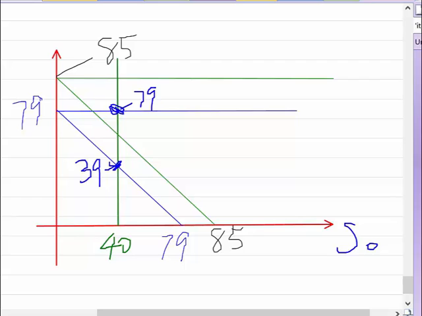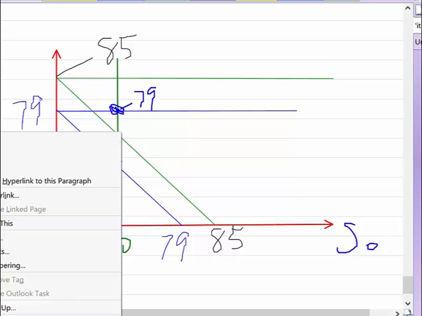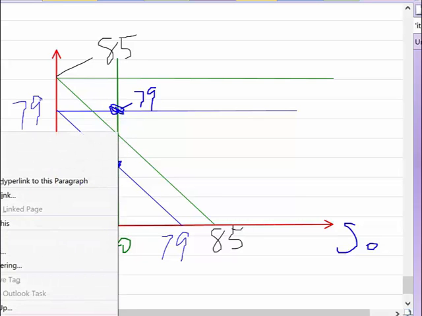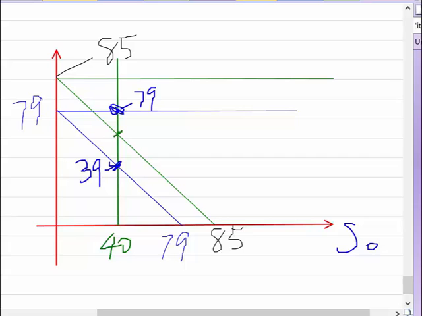Now, how about for the American put? For the American put, what we have is an upper bound, obviously $85. The lower bound will be $85 minus 40, which is 45 at this point. 45 is the lower bound for the American put when the underlying price is 40, and 85 is its upper bound.